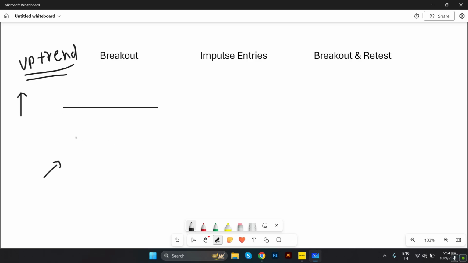When you come to the chart, you will see price in a range in an uptrend. Price was creating a bullish candle like this, and you see price has come to the area, it is already moving bullish, and then it starts ranging.